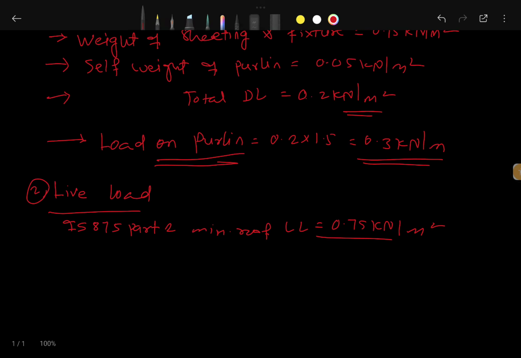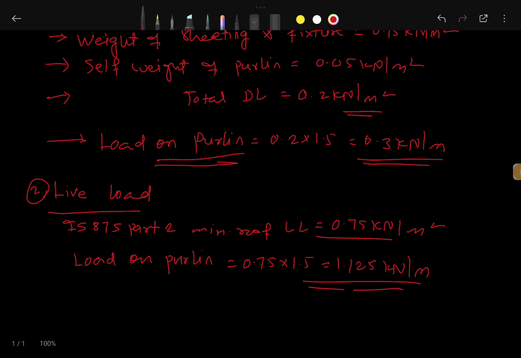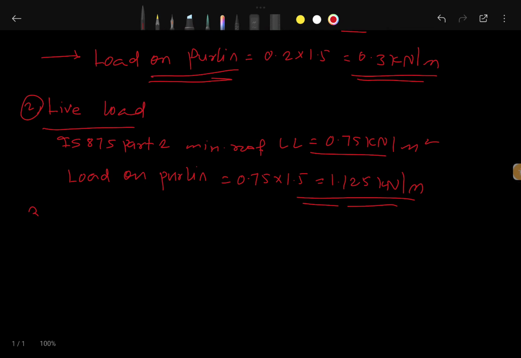So we take this value for our purlin design. Load on purlin is 0.75 into 1.5. We get the value 1.125 kilonewton per meter. So this is the load calculation. The dead load, live load, and the third one is wind load.